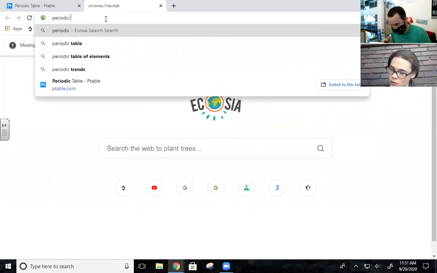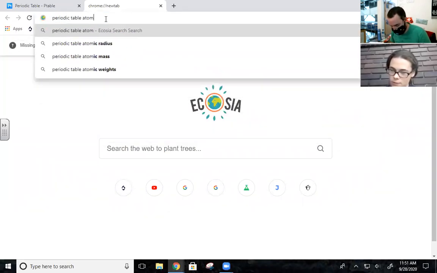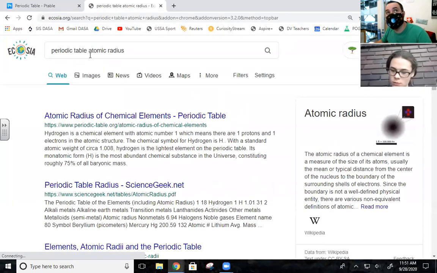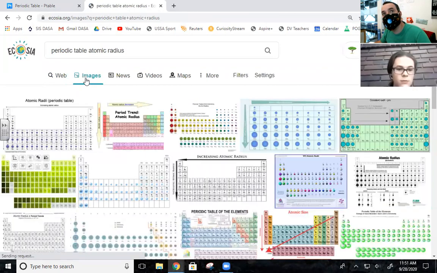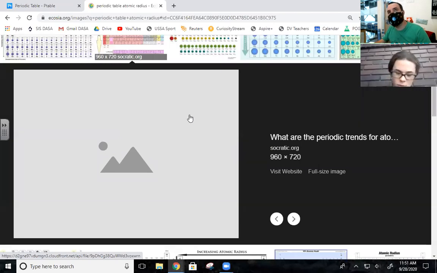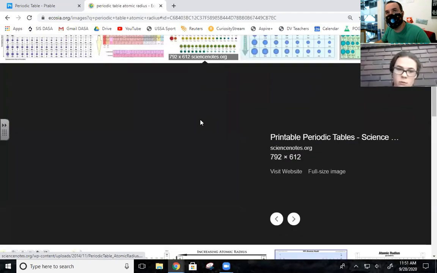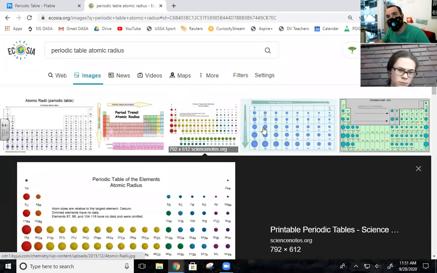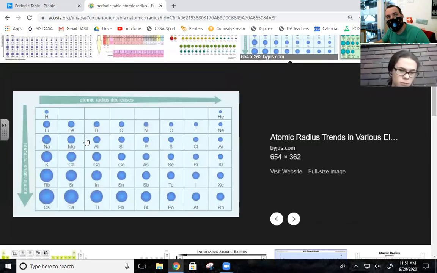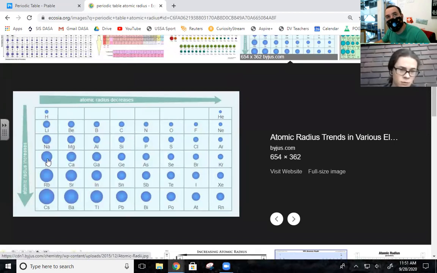If we look at the periodic table atomic radius, okay, here we go. This is better. Do you see that potassium is smaller than bromine?